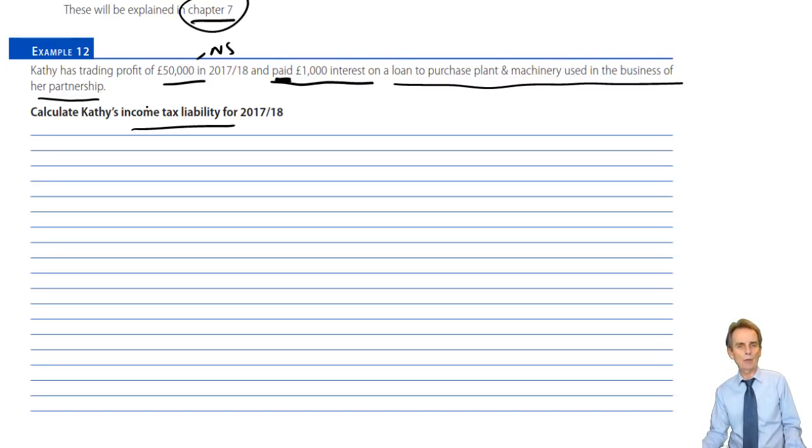You then take away your personal allowance and then proceed to apply the tax rates applicable to that level of non-savings income.